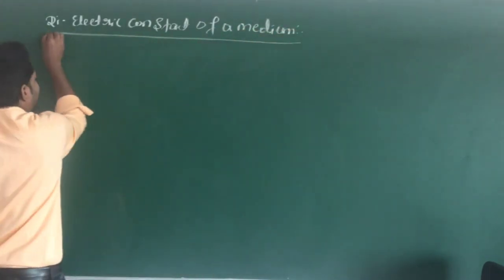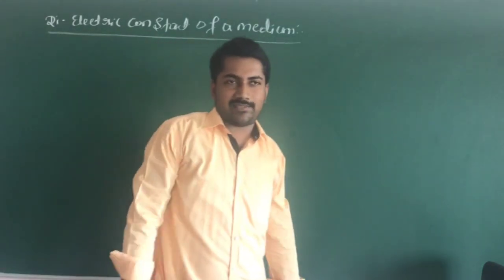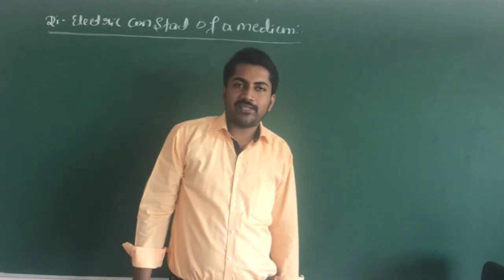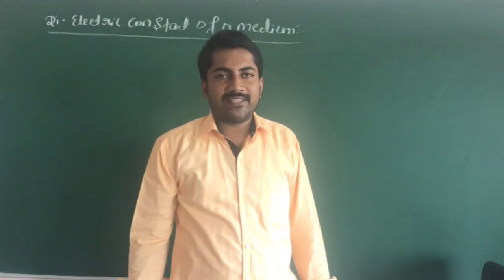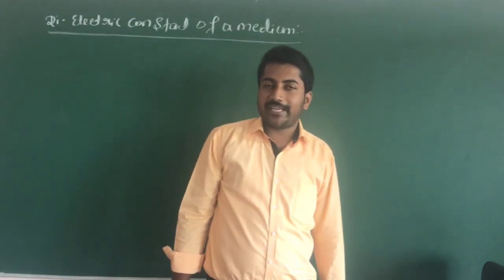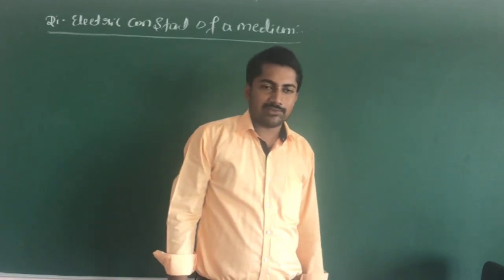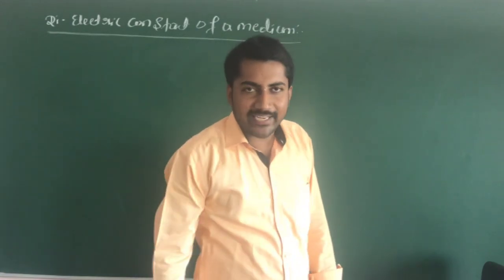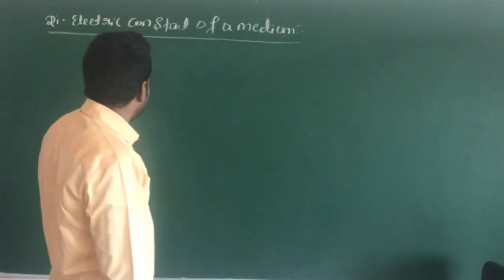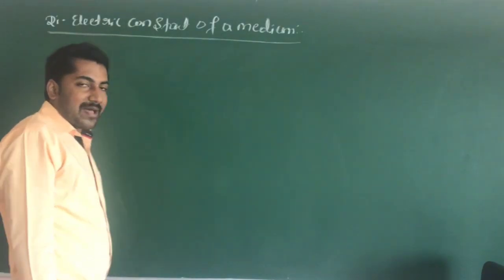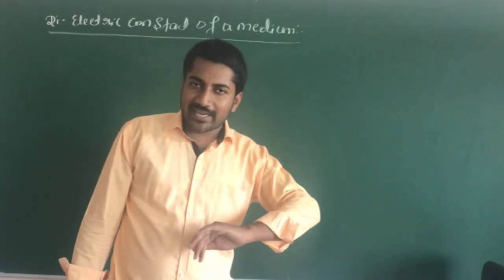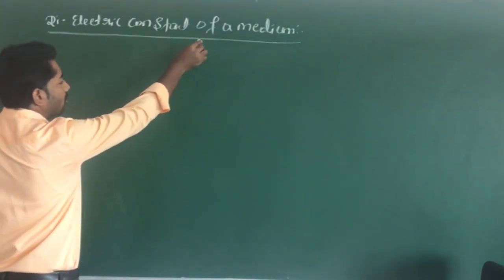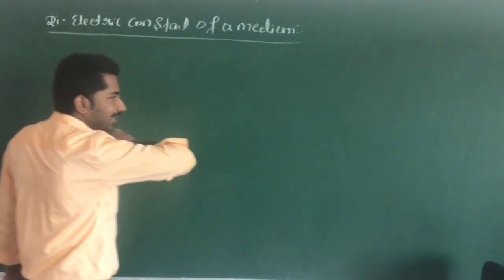When the dielectric slab is introduced between the two parallel plates, you get the equation: capacitance in that medium is equal to epsilon naught into K into A divided by D. But without a dielectric medium, you get the equation Ca is equal to epsilon naught into A divided by D. Here, what is the relation between the capacitance of a capacitor in the medium and the capacitance of a capacitor in air? Here, the dielectric constant of a medium.